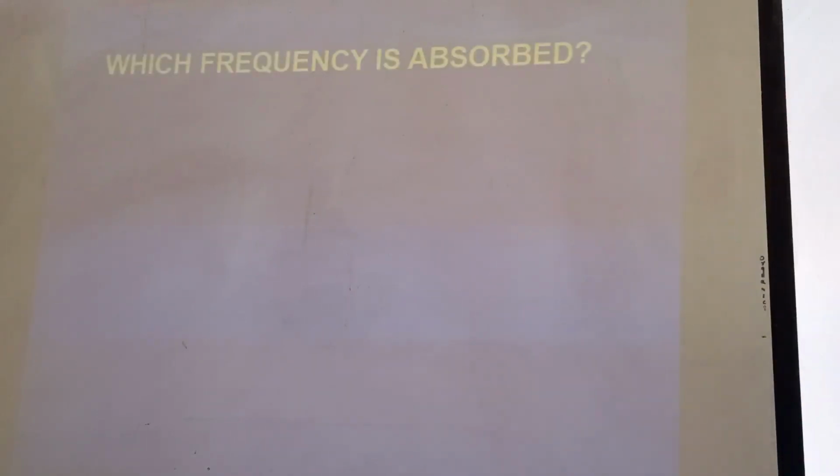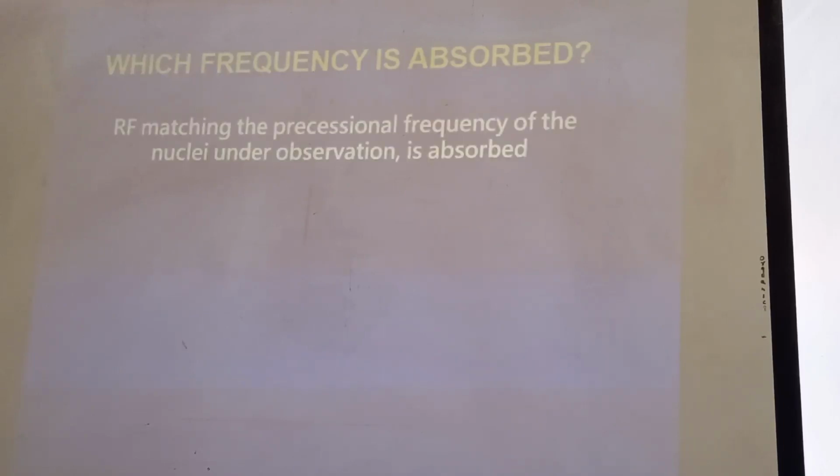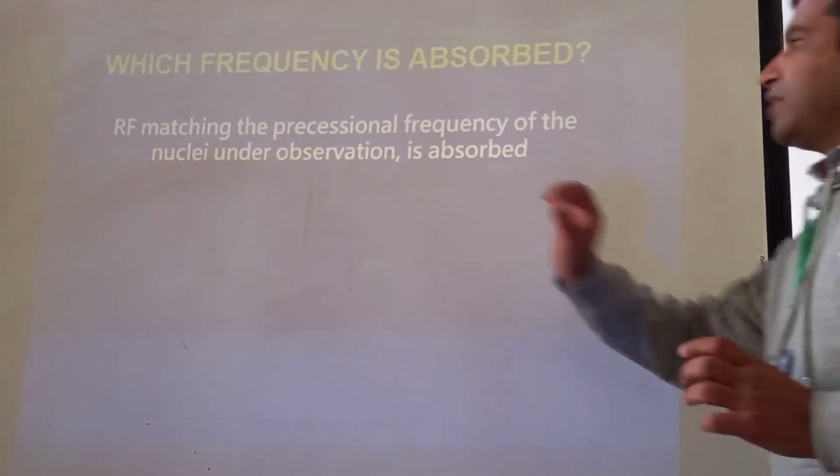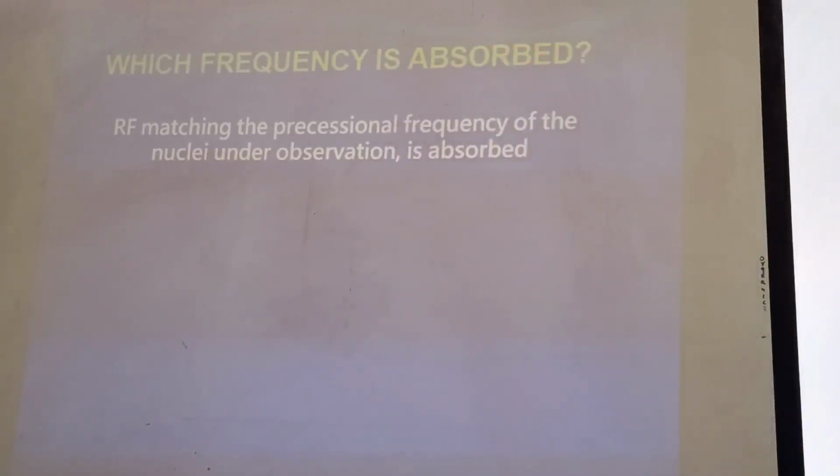You have a large range of radio frequency. Which frequency will be absorbed? That radio frequency that matches the precessional frequency of the nucleus which we are studying. We are talking about proton right now. So a proton will absorb radio frequency that matches exactly with its precessional frequency under a particular magnetic field strength.